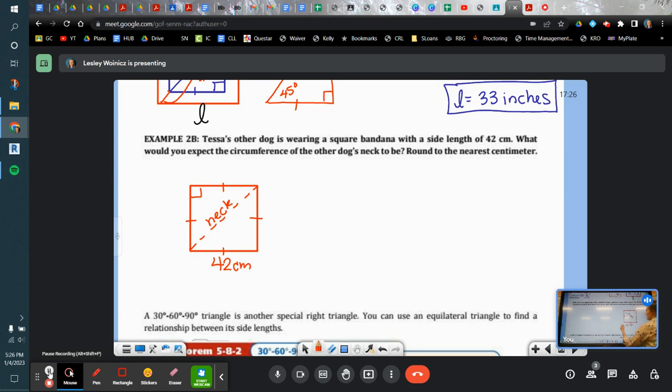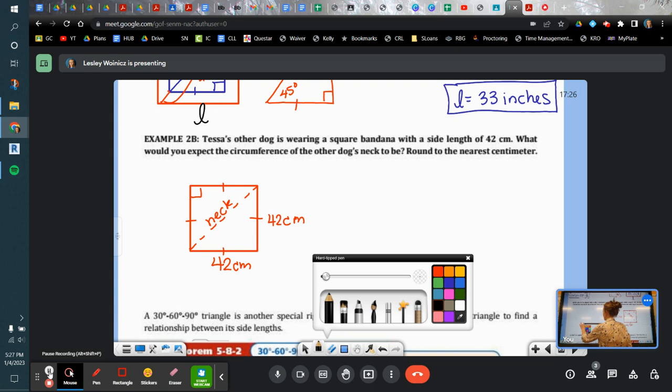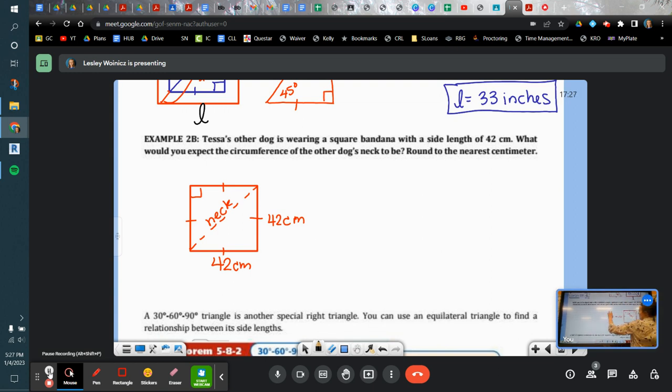So if this is a 45, 45, 90, which it is, this is a 42 centimeter side. So all we have to do to get the neck is multiply by the square root of 2, because it should be L root 2.